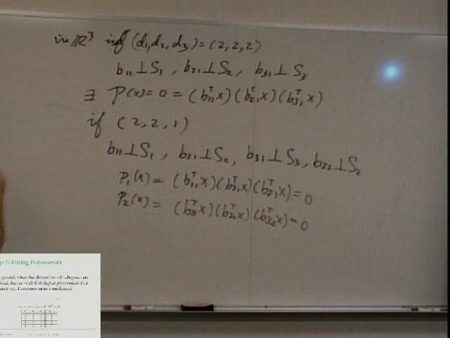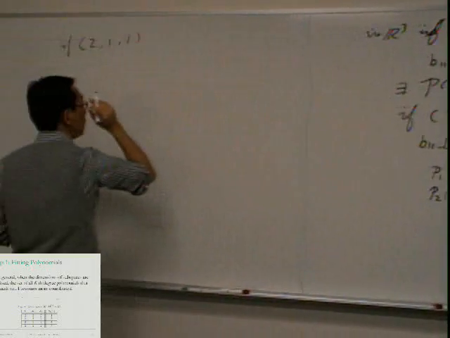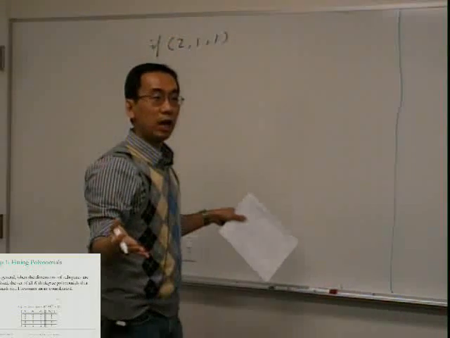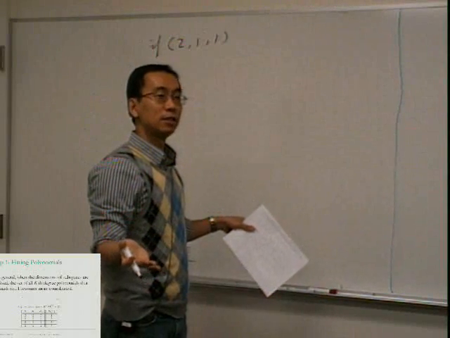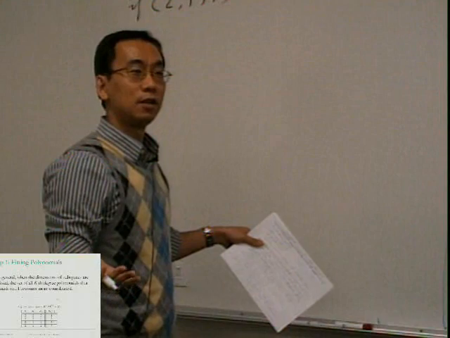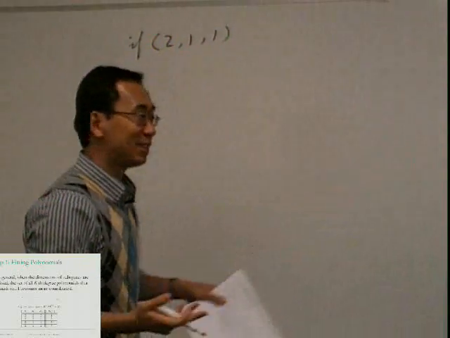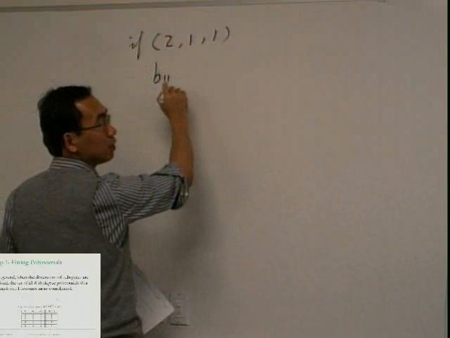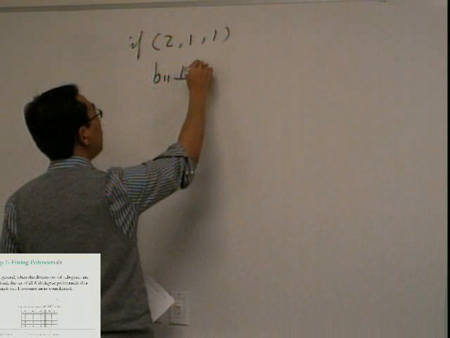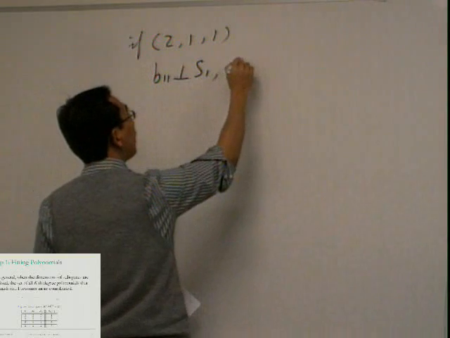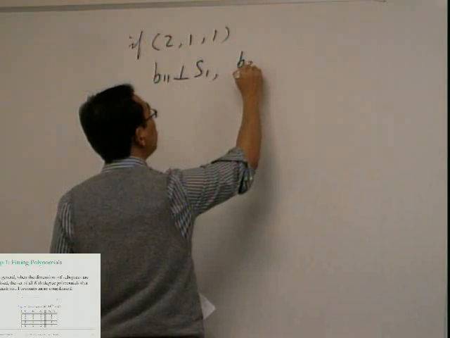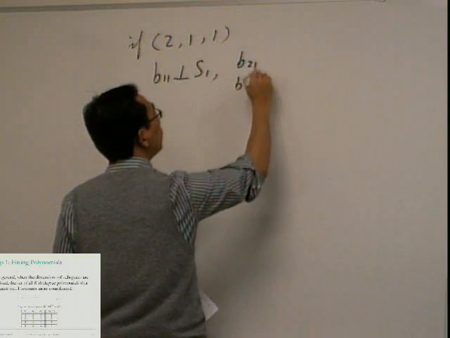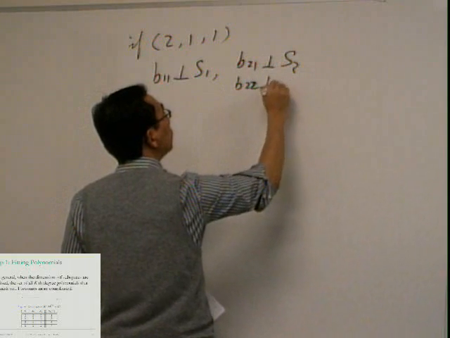And you can continue. So if the combination is 2, 1, 1, how many vanishing polynomials do we have? Can anybody take a wild guess? 4, right? You can see from the table. Why 4? Let me stick to the same notation. I have B11 orthogonal to S1. Now I have a pair, B21 and B22, orthogonal to S2.